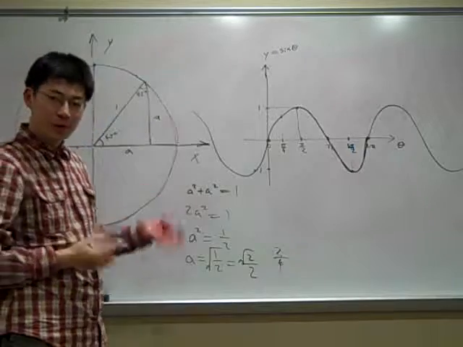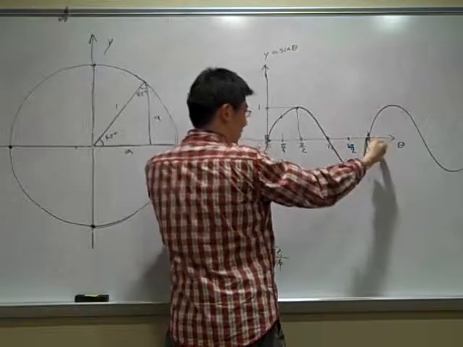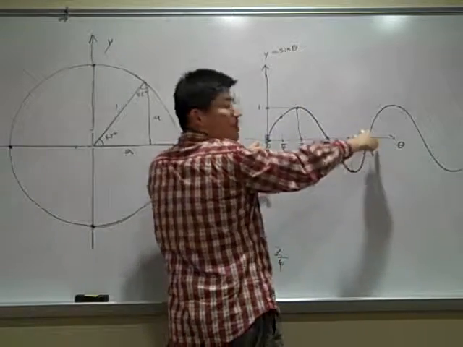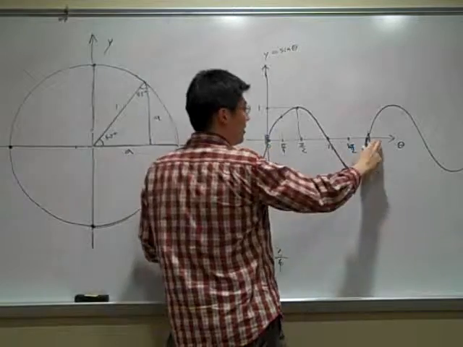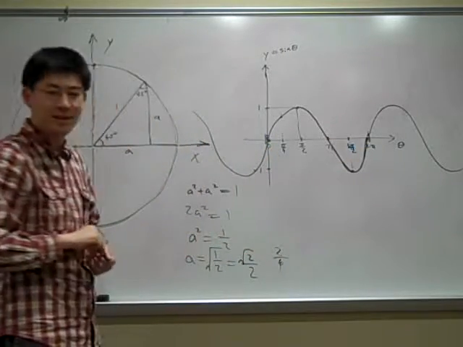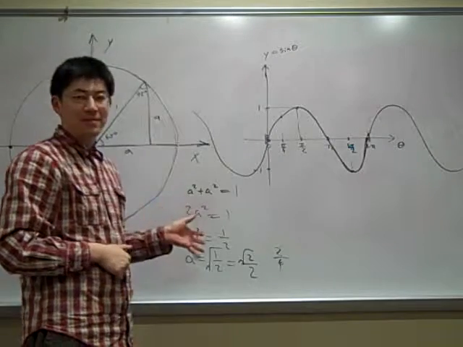So it's a repeating wave, and this is the critical part that's being repeated, from 0 to 2 pi. This is the graph of sine of theta.